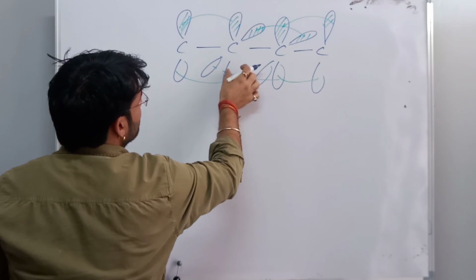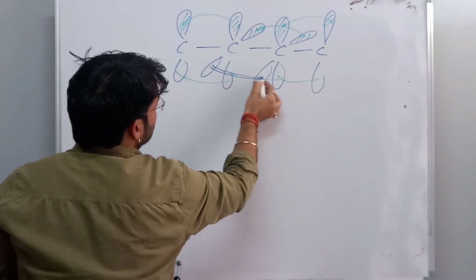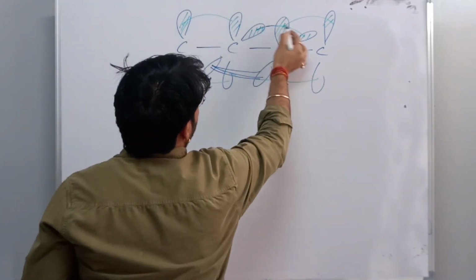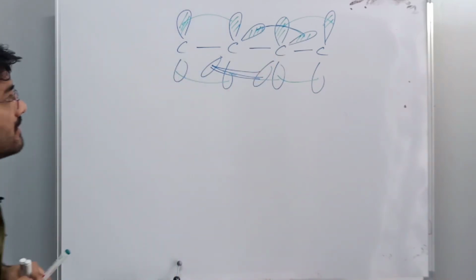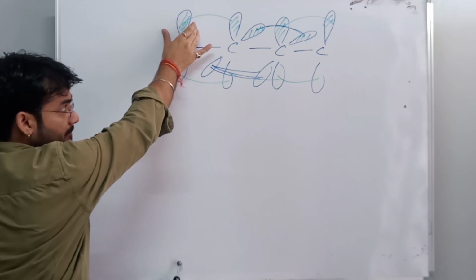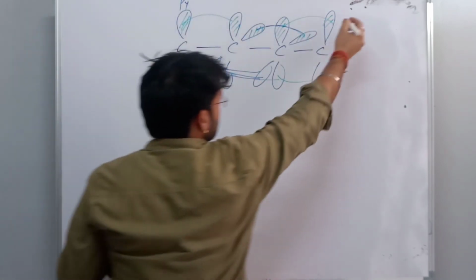Hold on for a second, I am going to use another marker to make it clear. Now as you can see, this terminal is a py orbital, and this is also a py orbital.